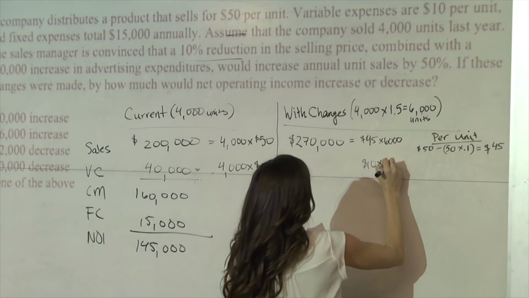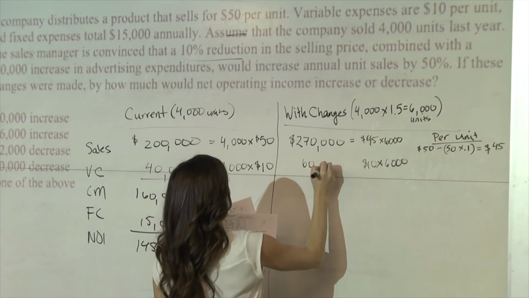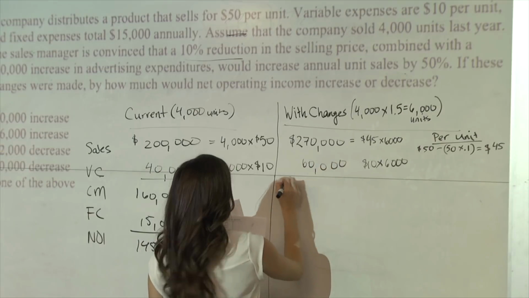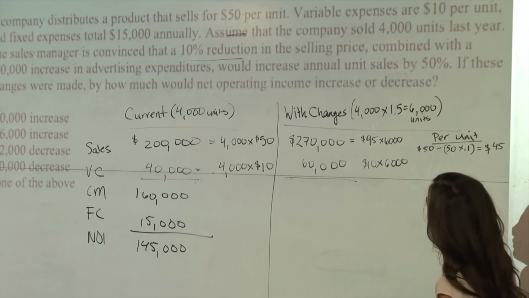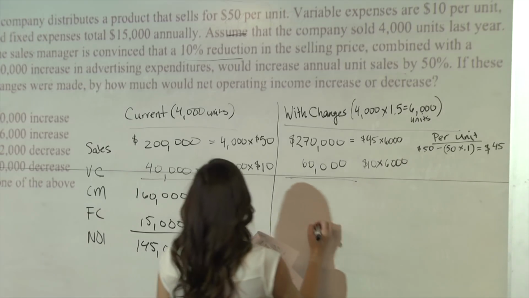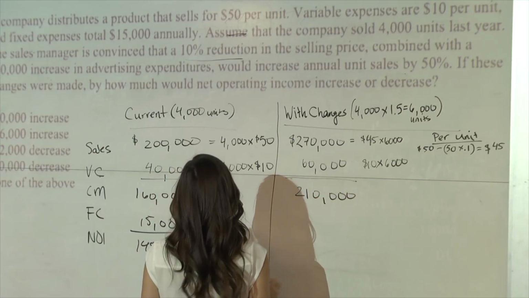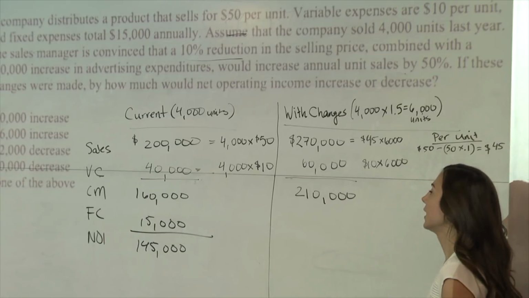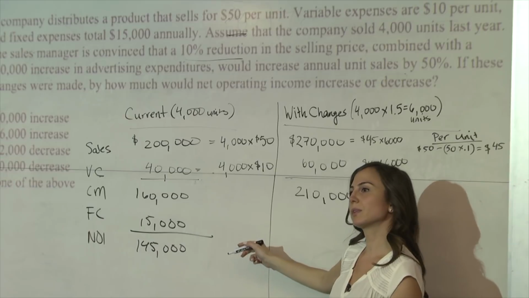So we get here $60,000. Okay, so we know that the contribution margin is just the difference between these two. So we'll get 210,000.